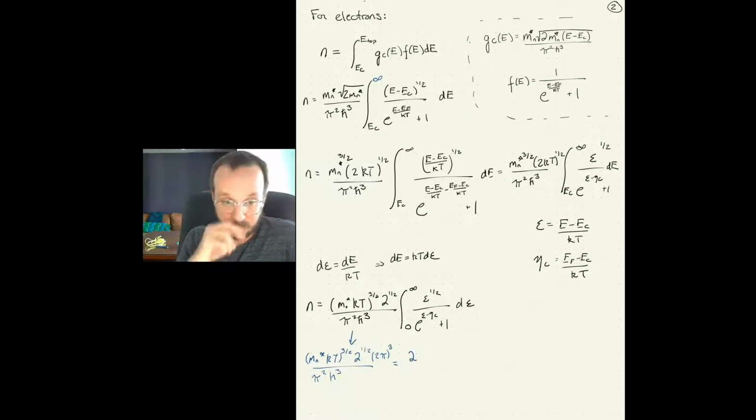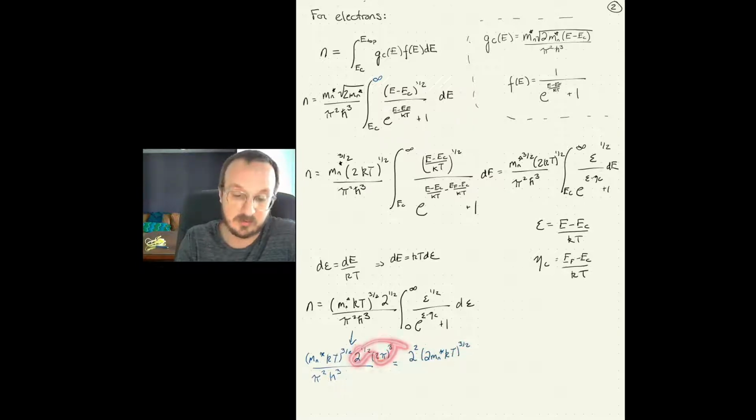And so this is going to be 2 cubed times 2 to the 1/2. This would be 2 to the 7/2. Okay. So let's pull one of those into the 3/2. And then we have 4 more. And you're basically going to get 2 cubed times 2 m_n effective mass KT to the 3/2. Okay, so this is going to be 2 to the 7/2, which is what's going to be from these terms. And the pi cubed is going to cancel out with pi squared to just give us pi on top. And this is going to be divided by h cubed.